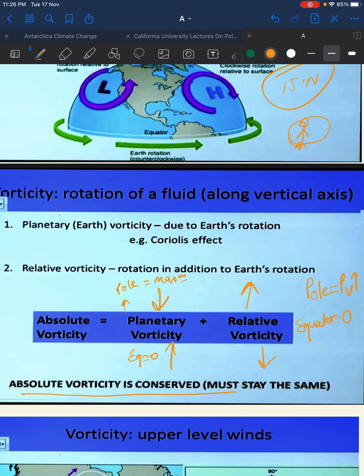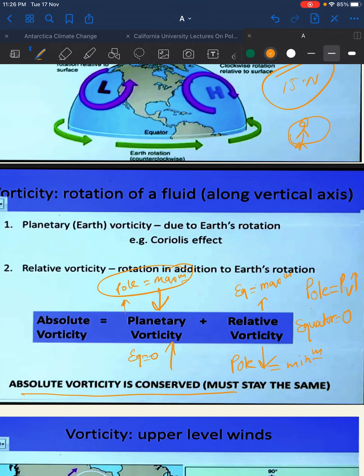That means this relative vorticity at the equator is maximum. It is maximum because the sum is constant. So if planetary vorticity is maximum at a pole, that means relative vorticity is minimum at the pole.